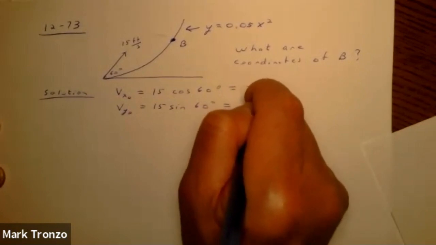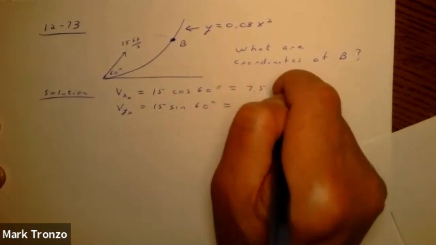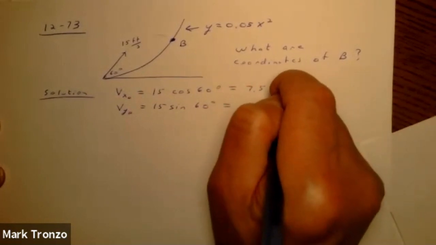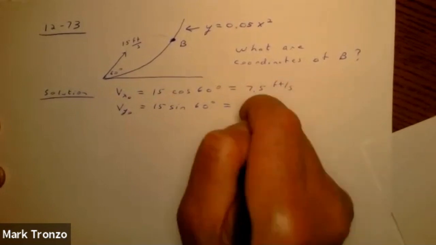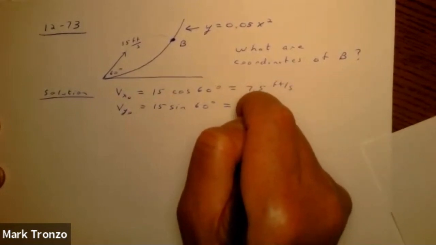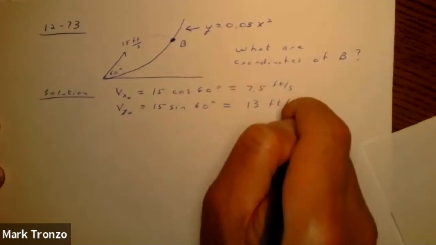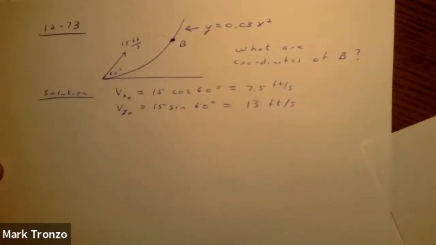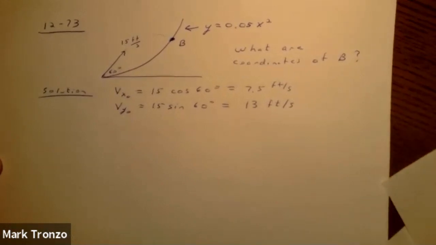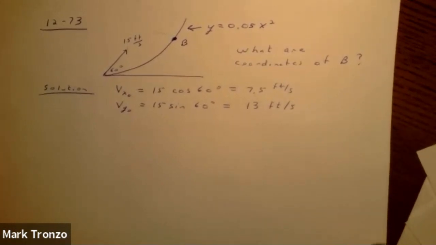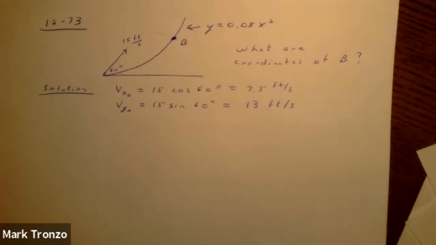And that'll be 7.5 and 13 feet per second. We work in feet per second. So in almost all these problems, we have a projectile. That'll be your first step. Find those, just like we did in all these, find the initial velocity in the x and y direction.